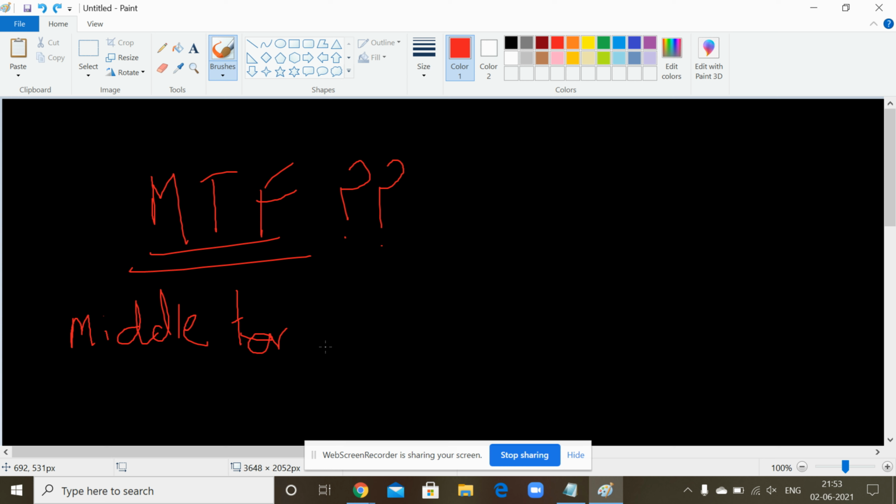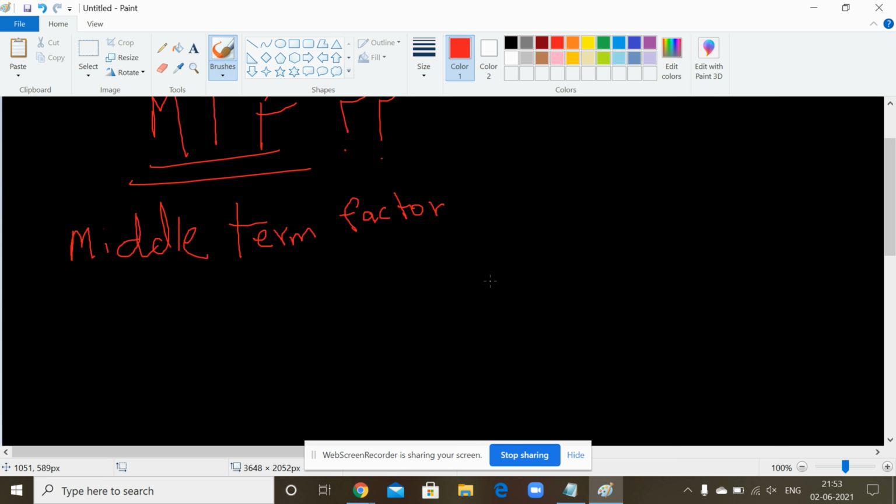Bad handwriting. 1 second. Just 1 second. Middle term factor. So it is mostly in algebra. So let's start with an easy sum.